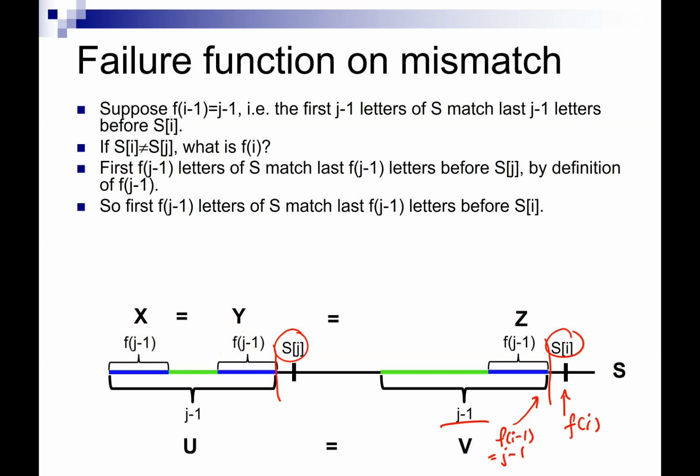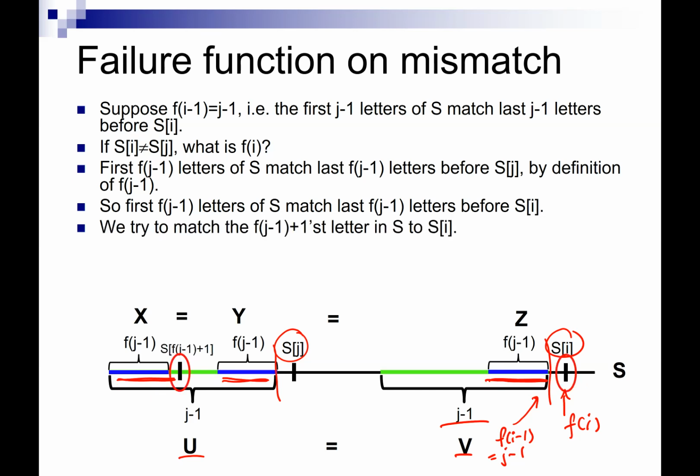Now we also know that the first j minus 1 letters of s equals this portion over here, equals this v over here. And so therefore these letters are equal to these letters, because u equals v. And also these letters are equal to these letters. So therefore, these letters are equal to these over here.